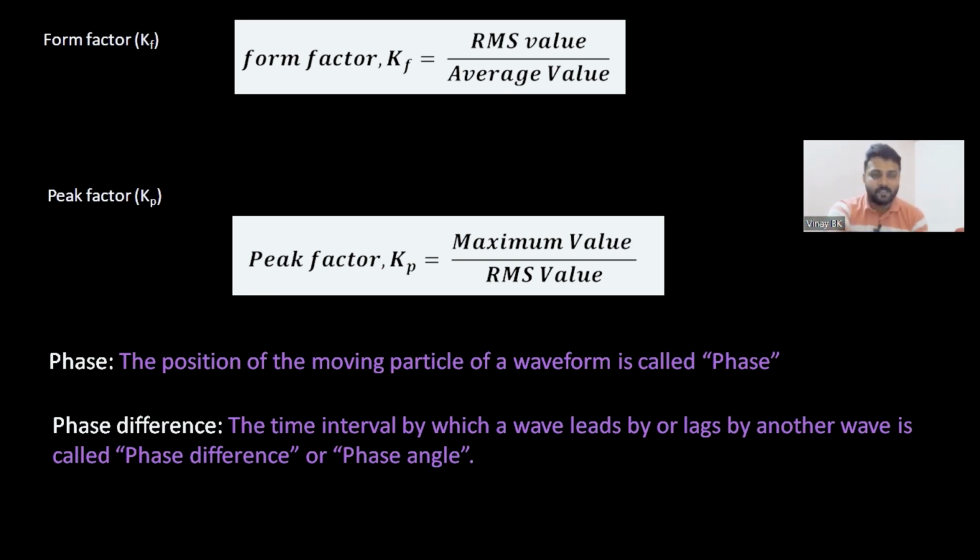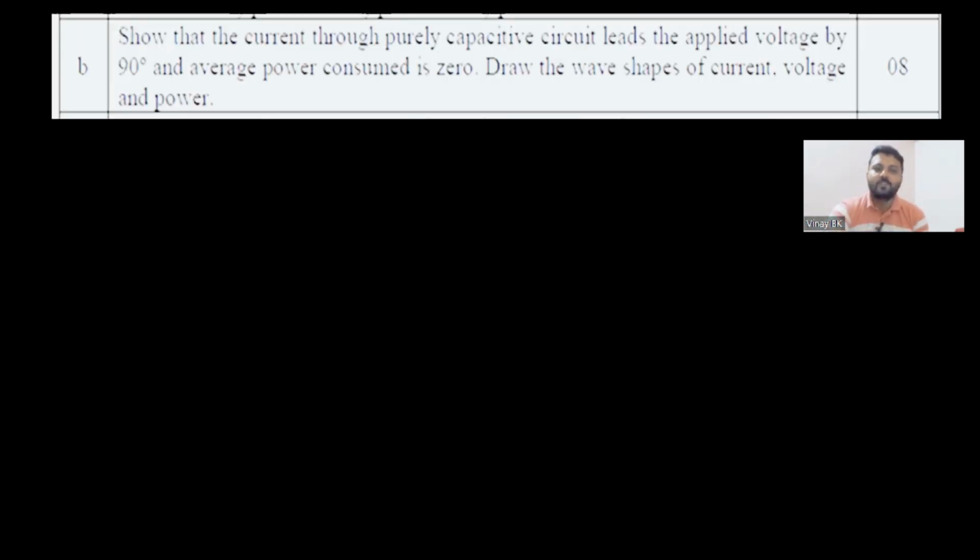And the second question you can see: show that current through a purely capacitive circuit leads the applied voltage by 90° and average power consumed is 0. Draw wave shapes of current, voltage and power, for 8 marks. This means you need to draw the waveforms also.